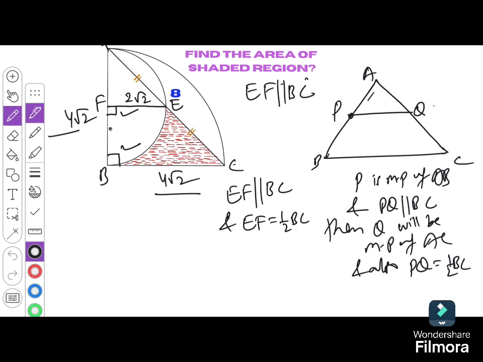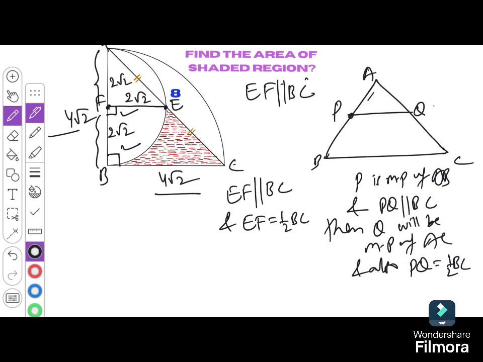Now you see, this will also be 2 root 2 and this will also be 2 root 2, this length and this length. Now according to the converse of the midpoint theorem, E is the midpoint of AC, and F also becomes the midpoint of AB.